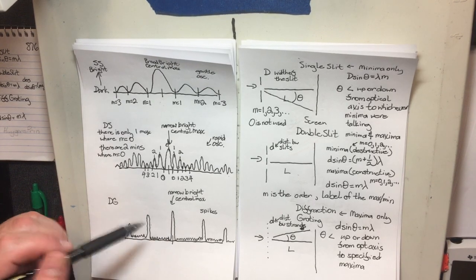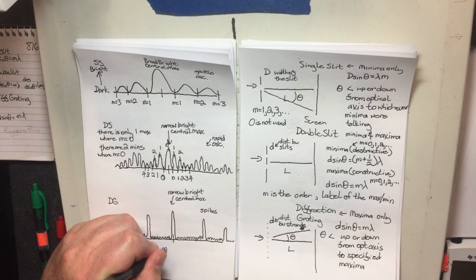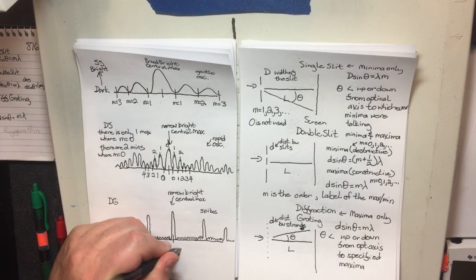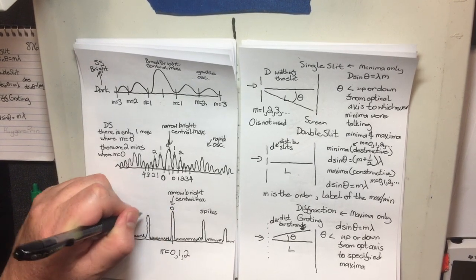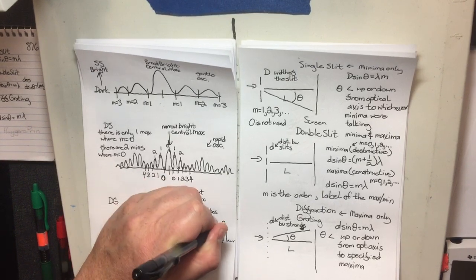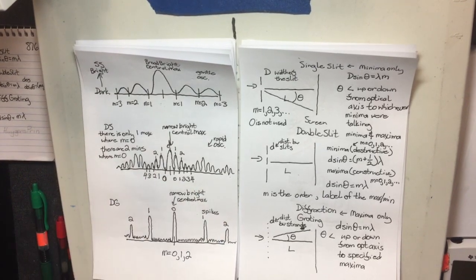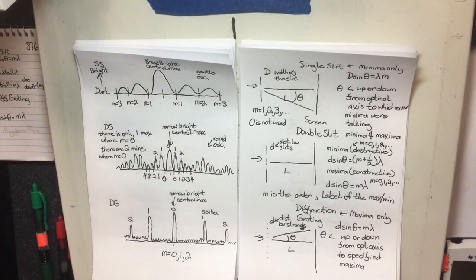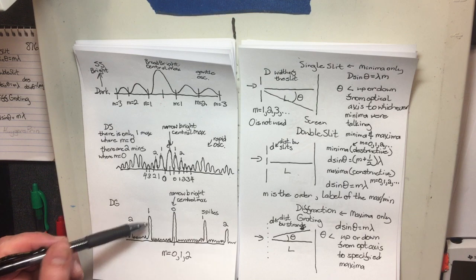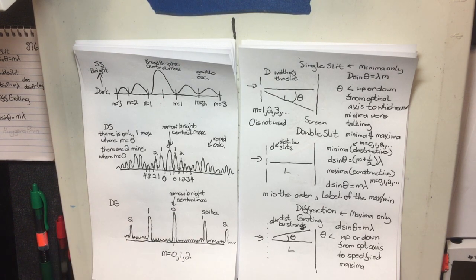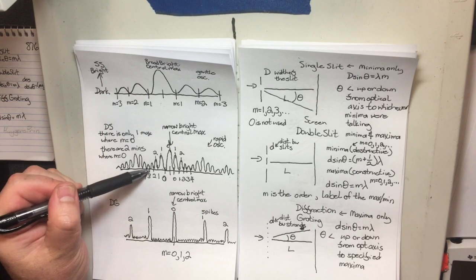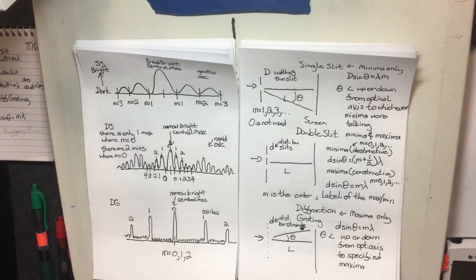In these spikes, M is equal to 0, 1, 2, 0, 1, 1, 2, 2, etc. So if I said you've got a central max where M is equal to 1, you know I'm either talking about this one or that one. If I say you've got a min on a double slit where M is equal to 3, I'm talking about that or that.